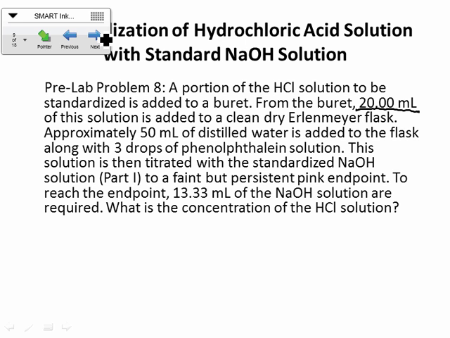So we're diluting it even further, right? That's kind of important. And then we titrate the solution with the standardized NaOH solution to a faint but persistent pink endpoint. So to reach that endpoint, we have to add 13.33 milliliters of the NaOH solution. So you might struggle a little bit with where to start here.